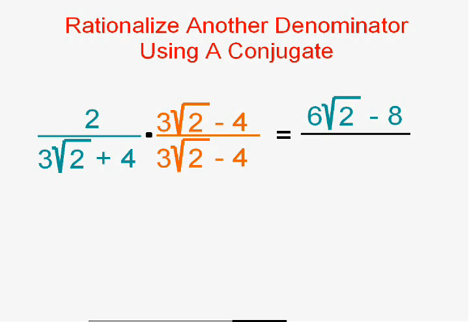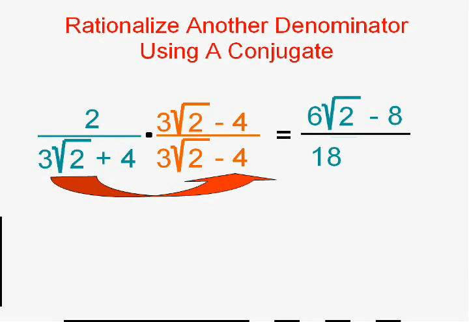Now let's be careful in the bottom. First, let's multiply 3 radical 2 times both of these. I'm going to get 9 radical 4. But radical 4 is really 2. So I'm going to get an 18 for that. Now, let's multiply 3 radical 2 times minus 4.